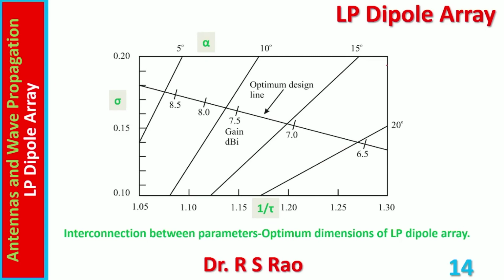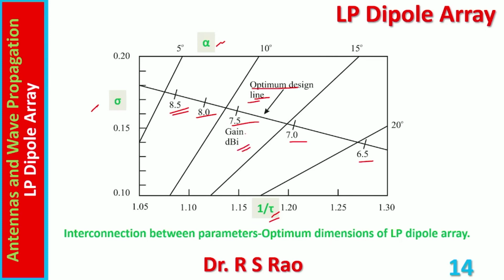Here is shown the interconnection between parameters tau, sigma, alpha. Here is also shown a line, the optimum design line. Over this line, certain numbers are there: 8.5, 8, 7.5, 7, 6. These numbers indicate gain in dBi.